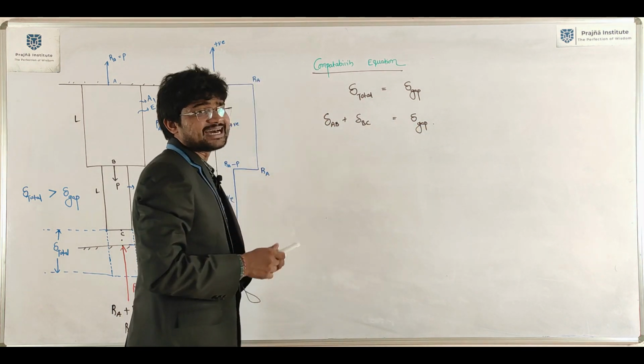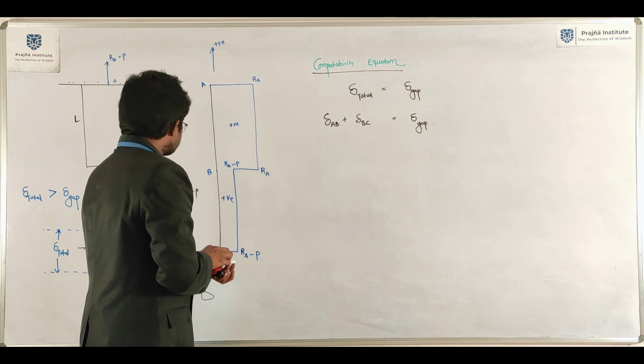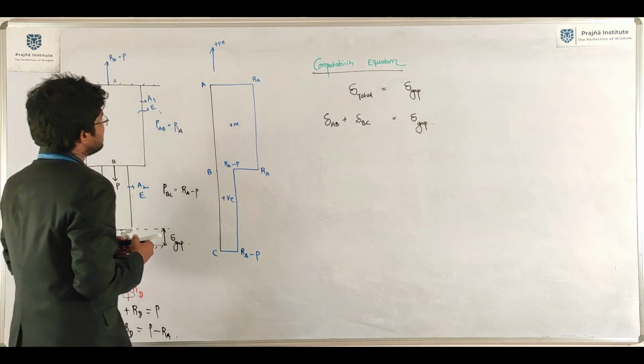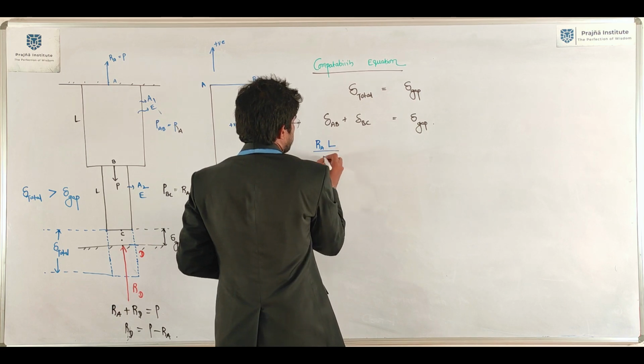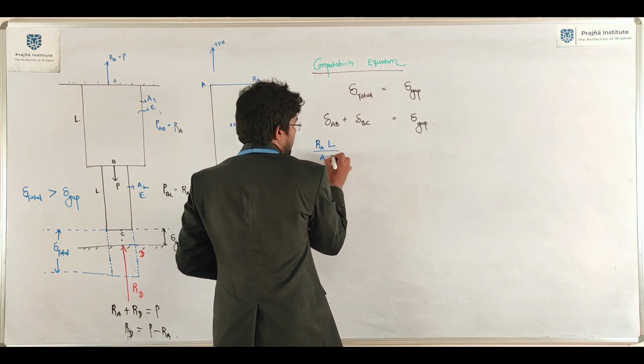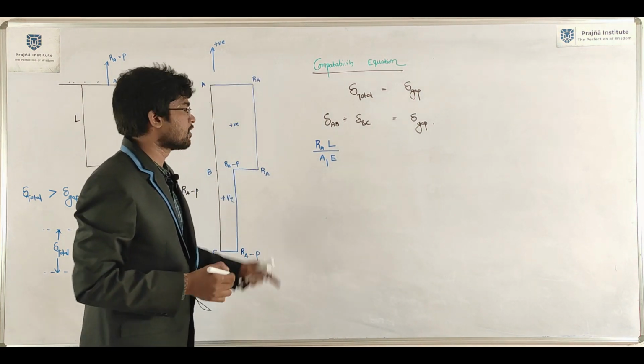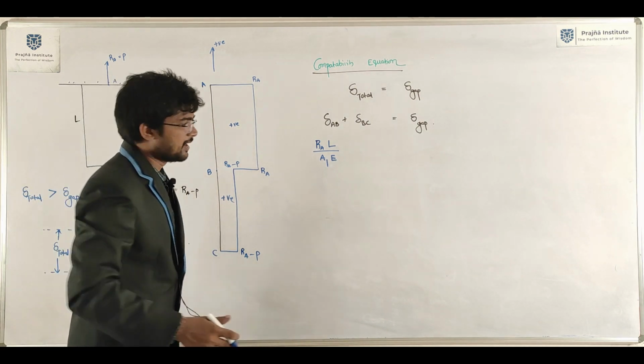What is delta AB? Tell me how to determine delta AB. PL by AE. Here, RA L by, of course, A1 E. E is the same, compound bar. It is not a composite bar.